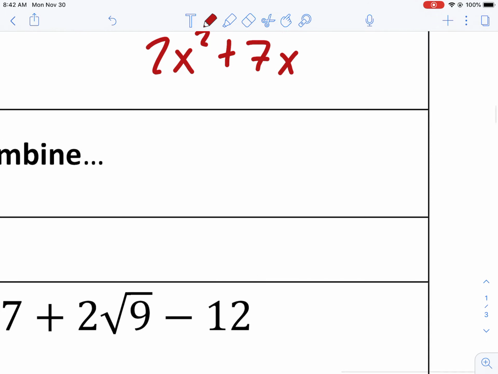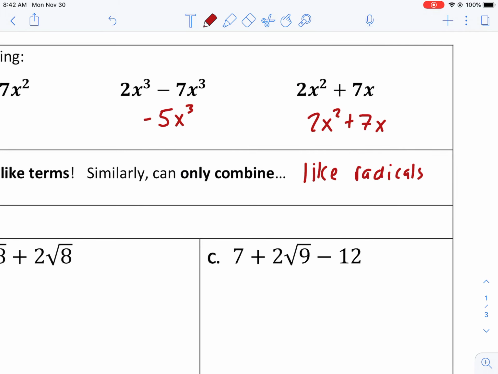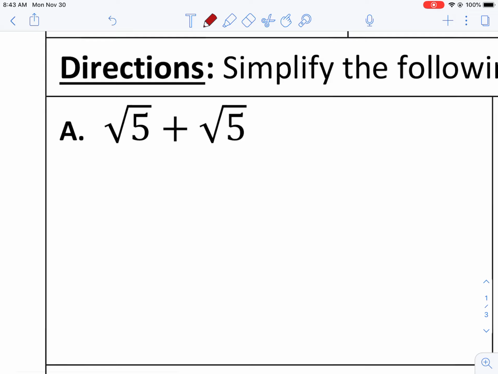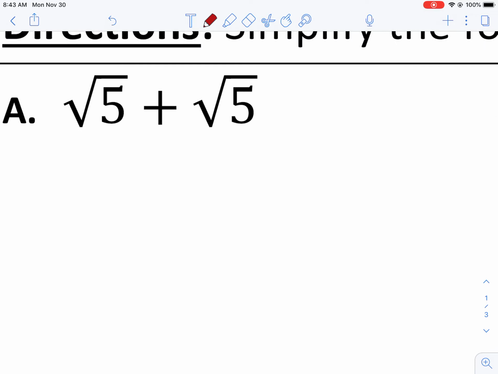Similarly, you can only combine like radicals. So you can only add or subtract if the number inside the radical is the same. What I mean by that is, if we have radical 5 plus radical 5, that's kind of like the same thing as saying x plus x, if you think about x being radical 5.